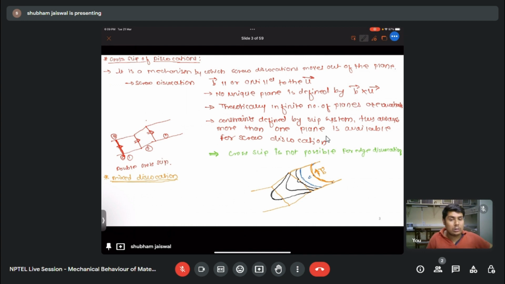So in a mixed dislocation, only the screw component cross slips, and the rest of the part, that is the edge component, gets regenerated on the new plane. The intersection line, that is this line, will be along the Burgers vector.